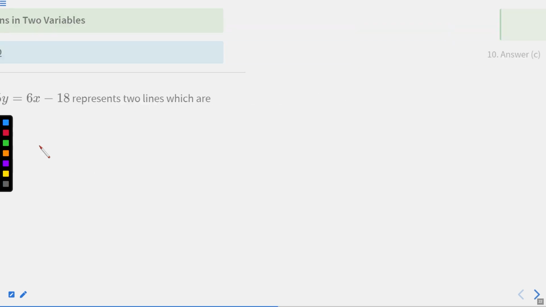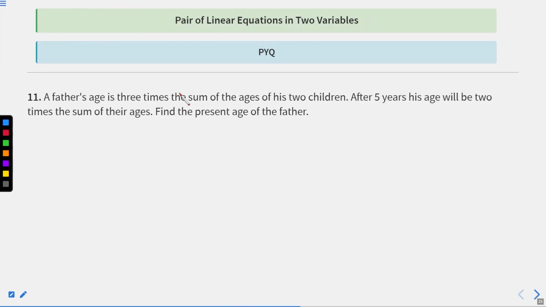Now let us move to question number 11. In question number 11, we have been given this problem. In this problem, it says a father's age is 3 times the sum of the ages of his 2 children. After 5 years, his age will be 2 times the sum of their ages.